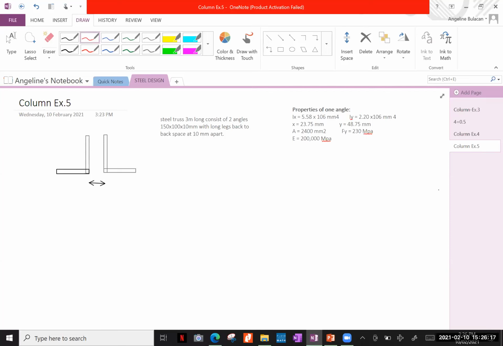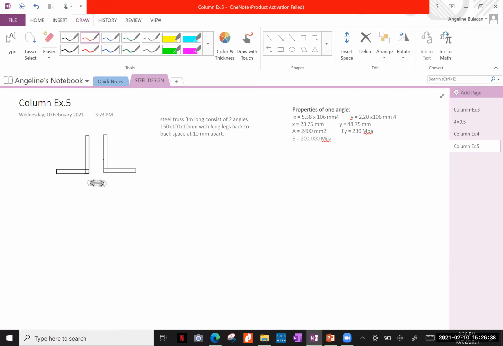Now, yung centroid, most of the time naman is, since hindi siya regular shape, di ba? Given na yan yung centroid. So, andito nakalagay, properties of an angle. Ayan. So, nakalagay yung x tsaka y. So, yan yung location ng centroid ng isang angle.